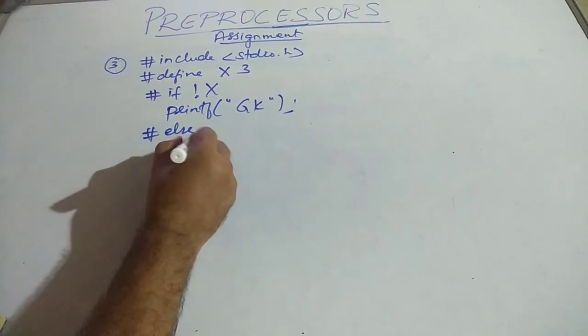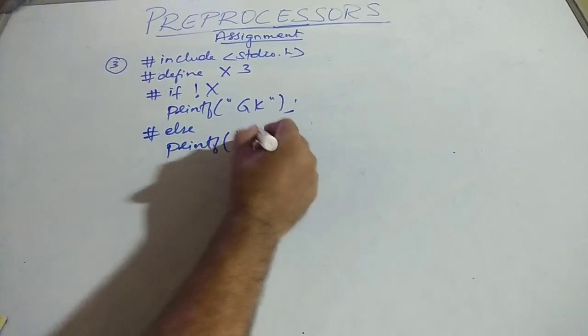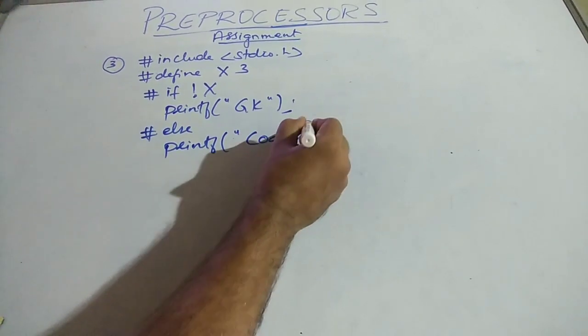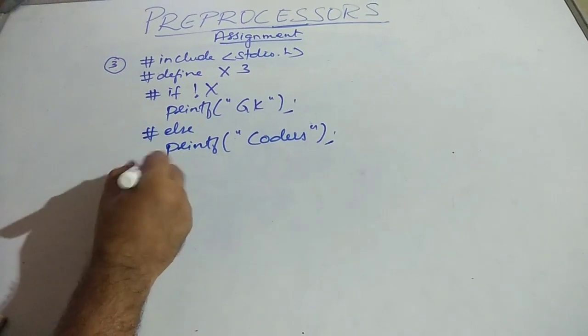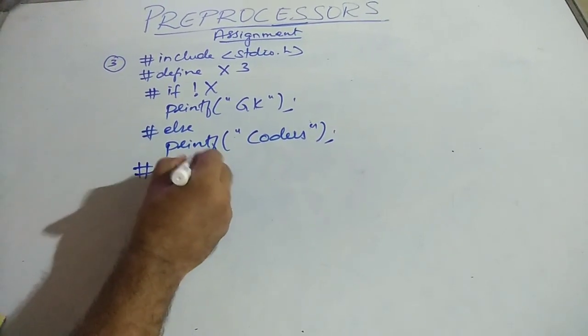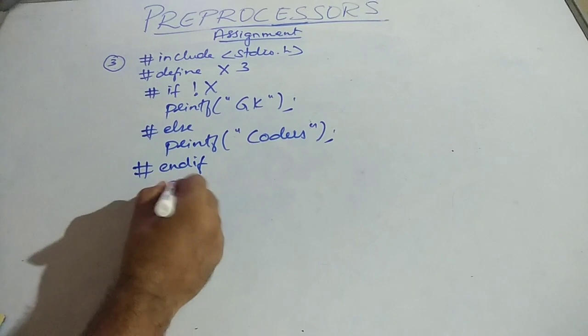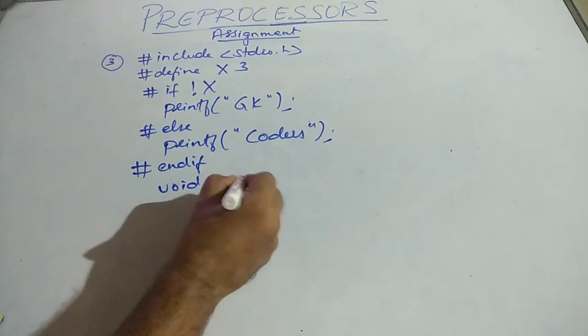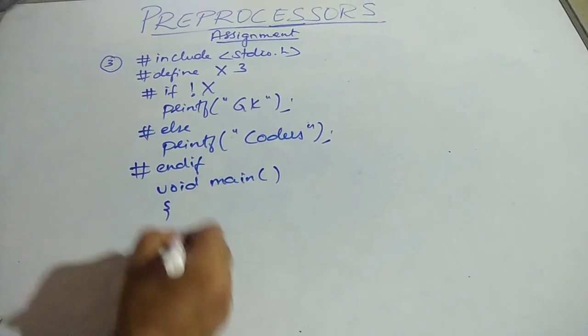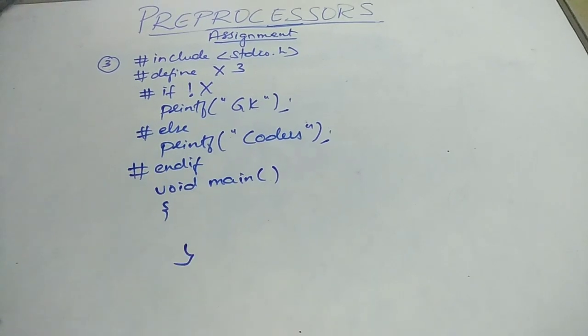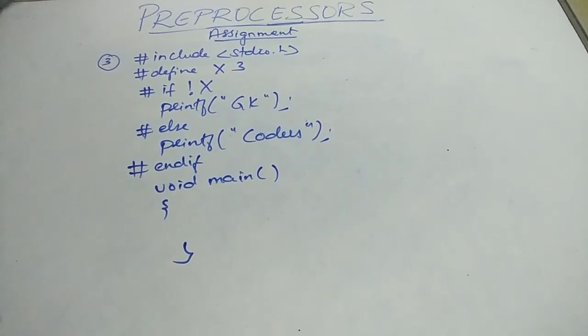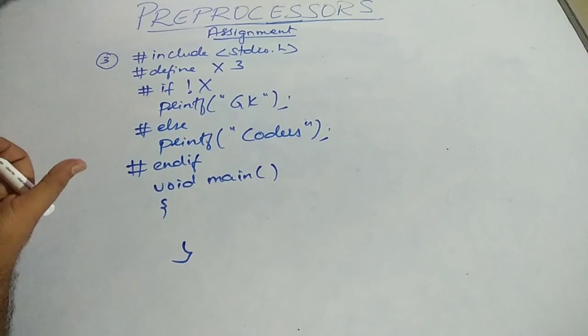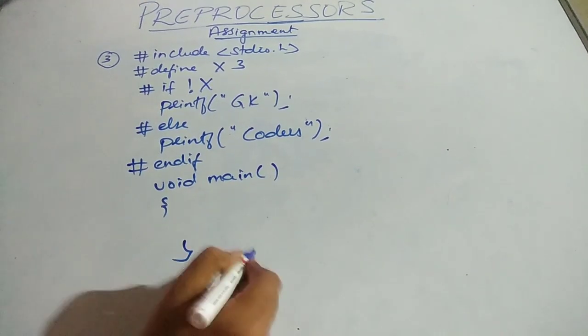If not, print coders. And end the if block. So we'll go for the main function. Observe properly what I'll write in the main function. I will not write anything. Now by seeing this, you say what will be the output of this program. Is it clear, all of you?